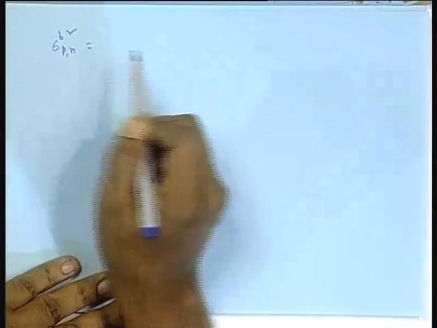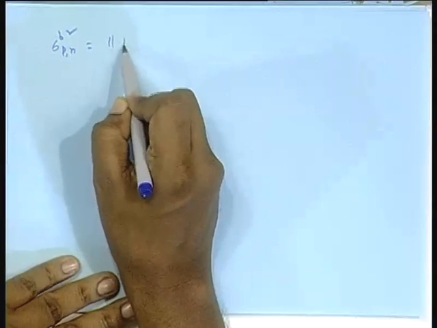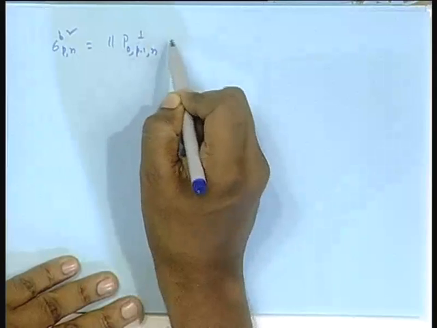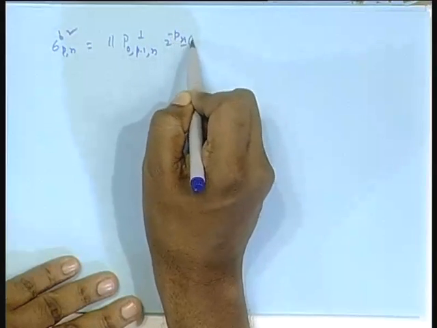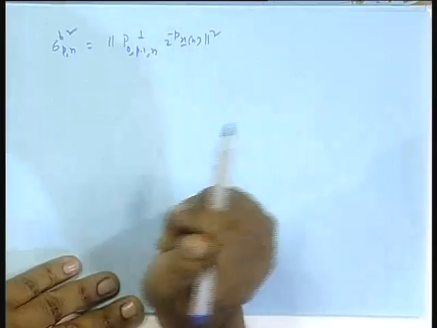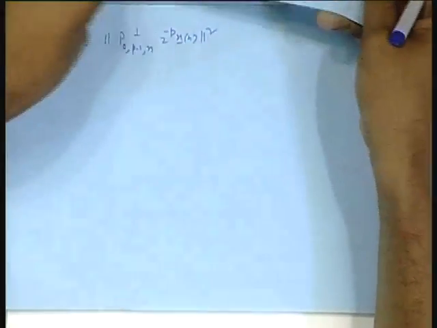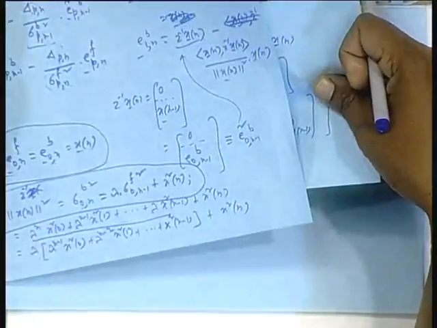So, this quantity is what? Norm square of, and in case I land into difficulty, then I will switch over to n minus 1. Let me try with this first.